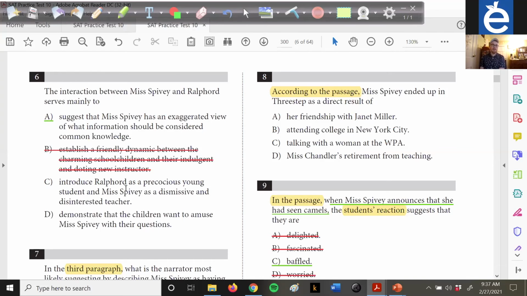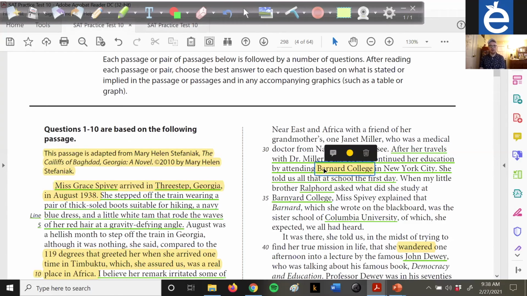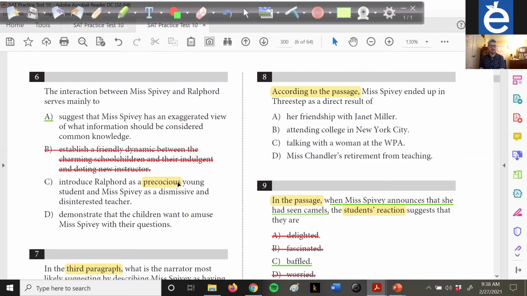To introduce Ralford as a precocious young student and Miss Spivey as a dismissive and disinterested teacher. Well, precocious, if you haven't heard that word before, it means you act older than you are. And Ralford isn't really punching above his weight class when he mistakes Barnard College for Barnyard College. He's actually missing the mark that Miss Spivey expects him to hit.